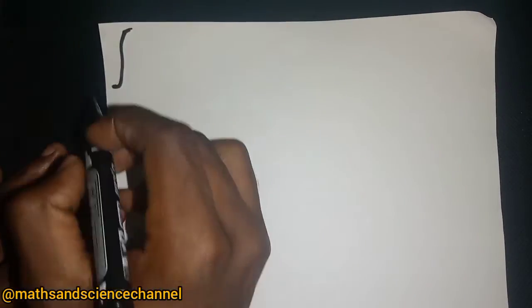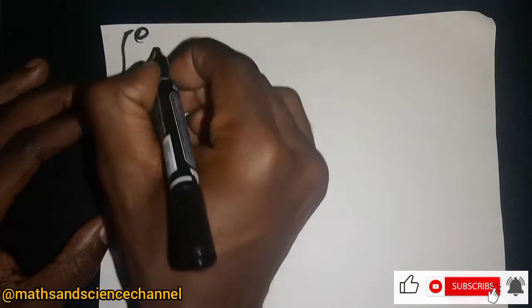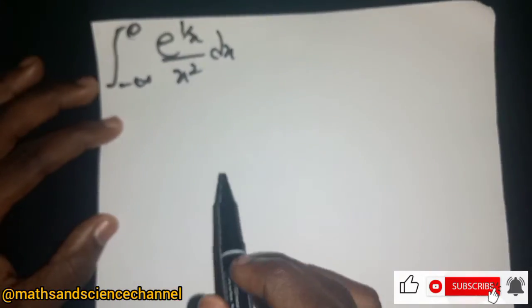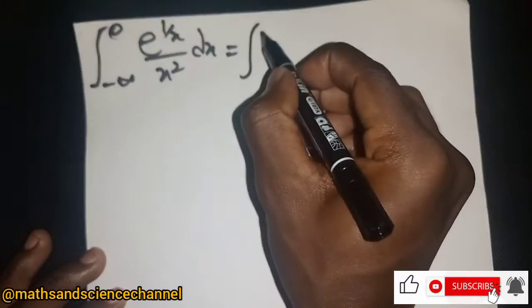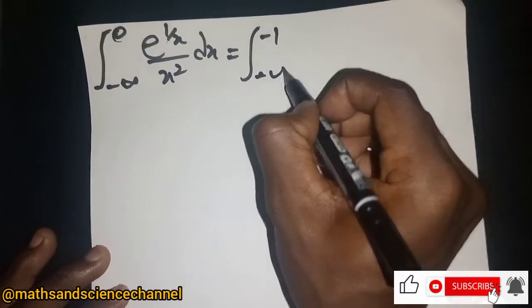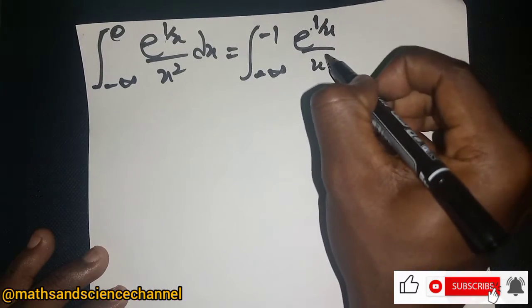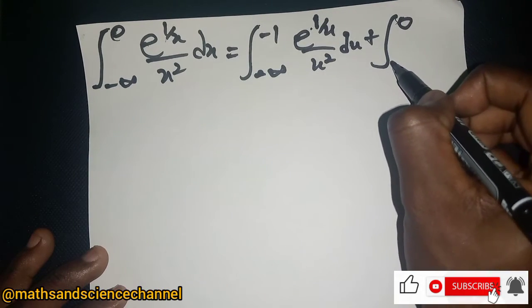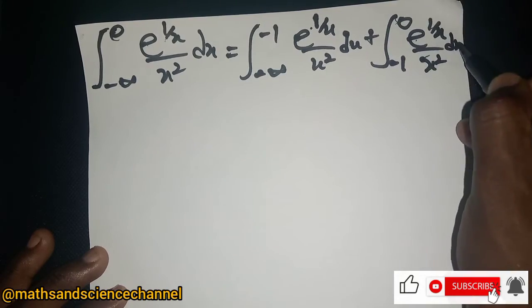Generally we had the integral from 0 all the way to negative infinity of e exponent 1 over x over x squared dx, which is equal to the integral from negative infinity to negative 1 of e exponent 1 over x over x squared dx plus the integral from negative 1 to 0 of e exponent 1 over x over x squared dx.